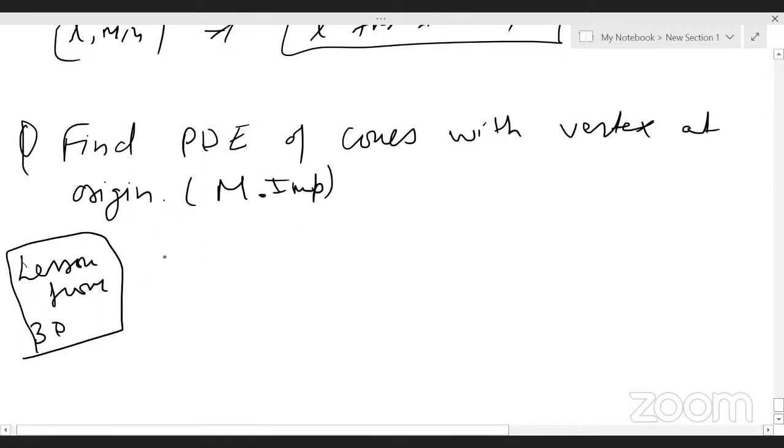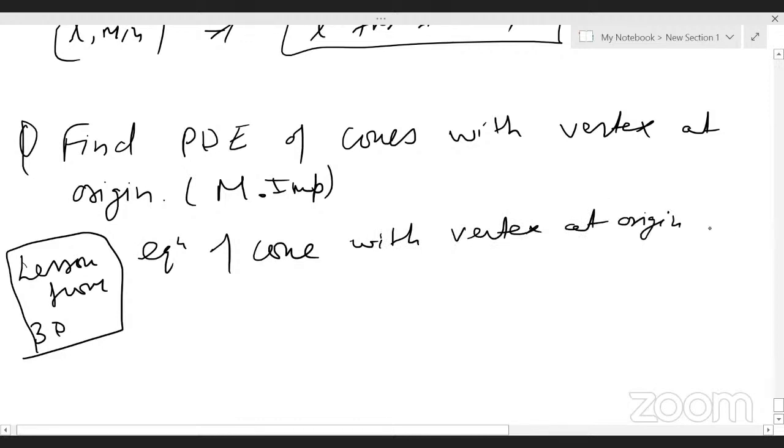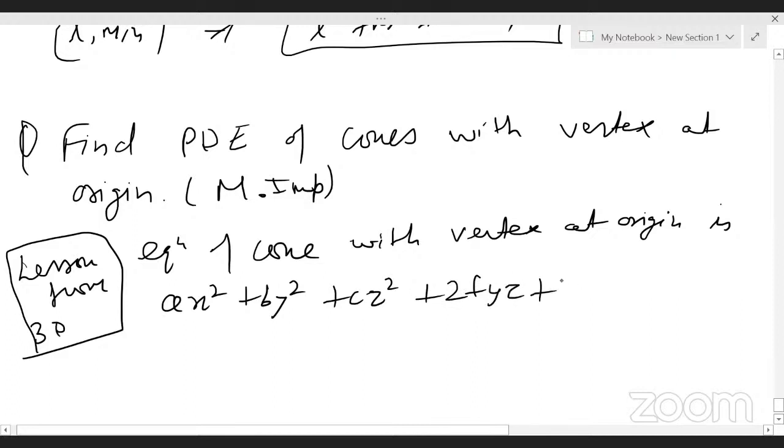So the equation of a cone with vertex at origin is given by ax square plus by square plus cz square plus 2f yz, here also you need to make it homogeneous, that is x is missing, 2g xz, that is y is missing, and 2h xy, that is z is missing, equal to 0. So this is the equation.